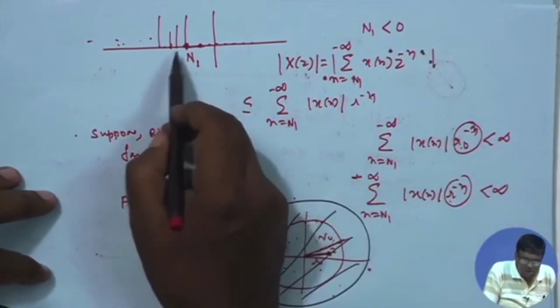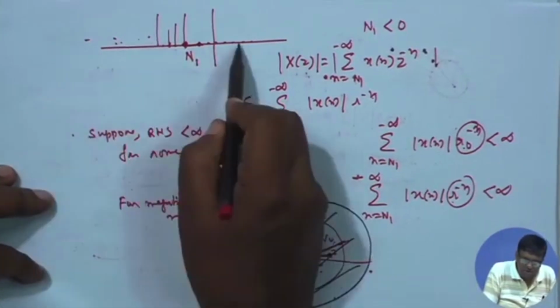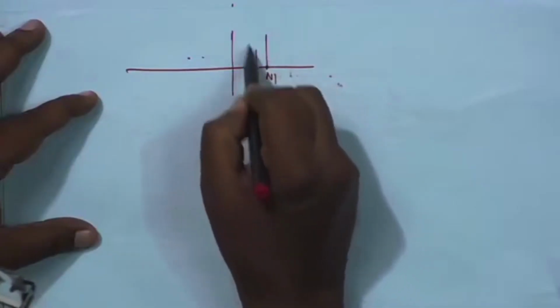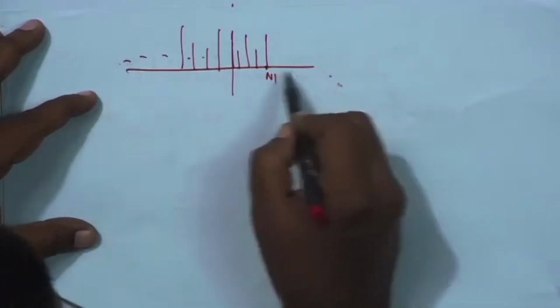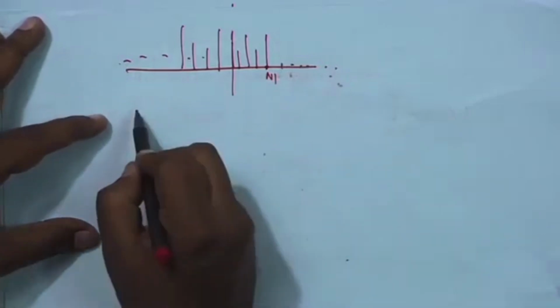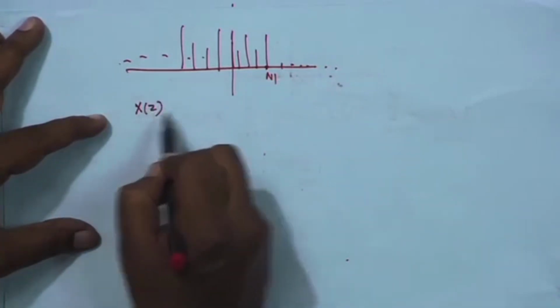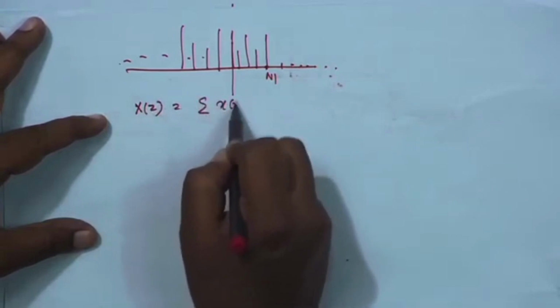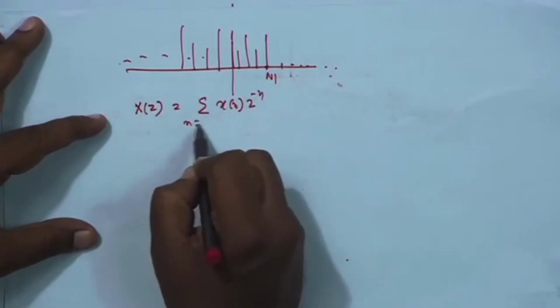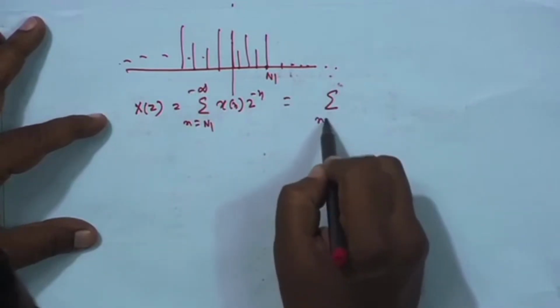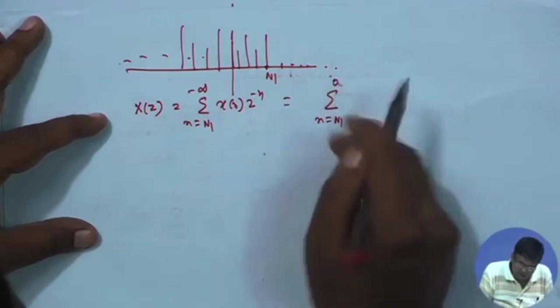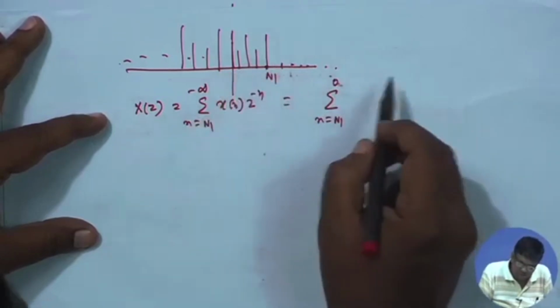Now, I will consider a sequence which will be left sided, but we will start at a positive index, that is, and then 0, 0, 0, 0. In this case, this summation you write as a summation of two components, n from N1 to 0, that is N1, N1 minus 1 up to 0.